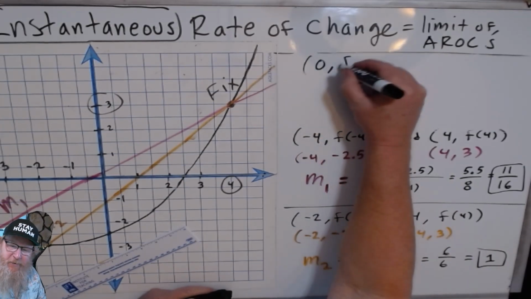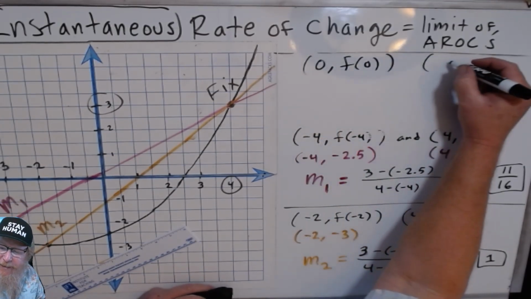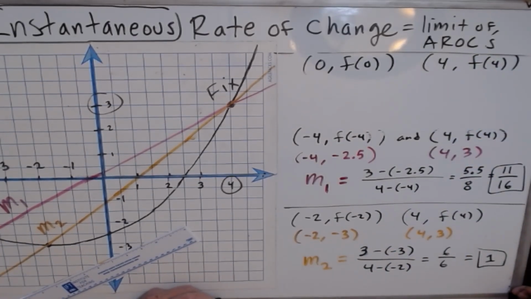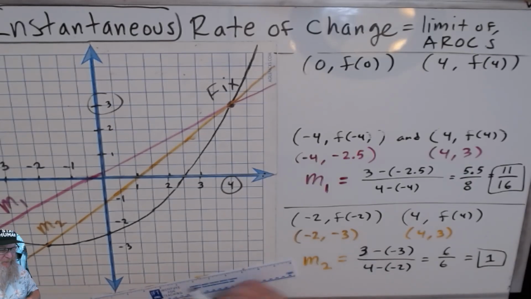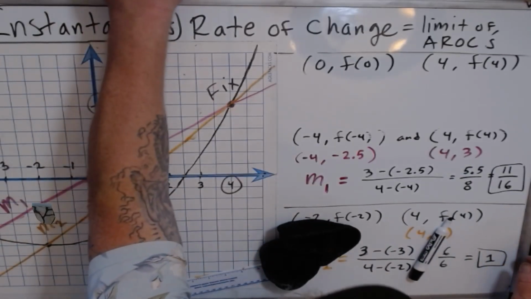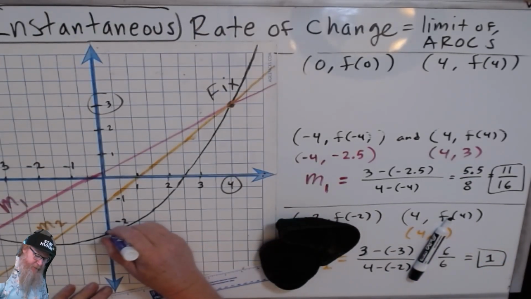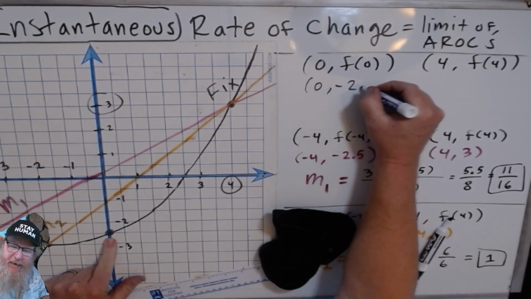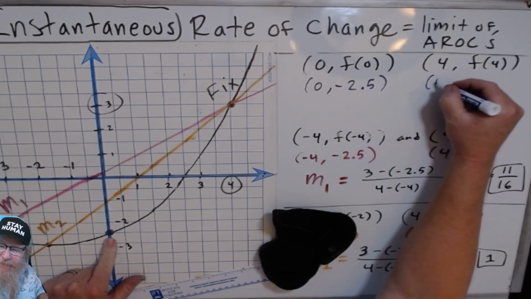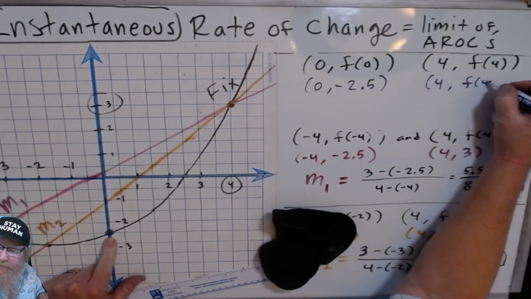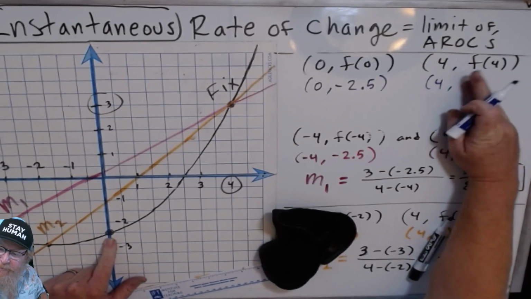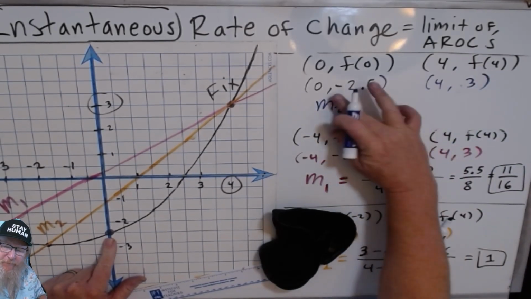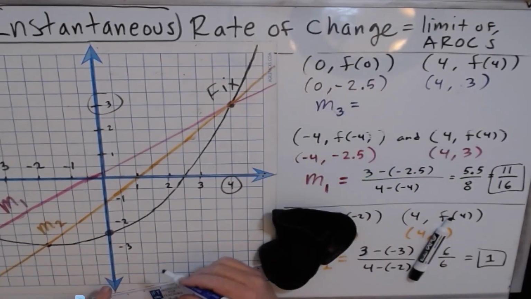Let's do 0, f of 0, and then we'll keep the second point fixed again, getting closer and closer to it. So my next one is here. That's 0, -2.5, and then 4, f of 4. We know f of 4 is 3. So we'll call this M3, our third slope.